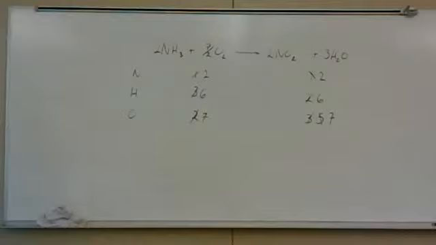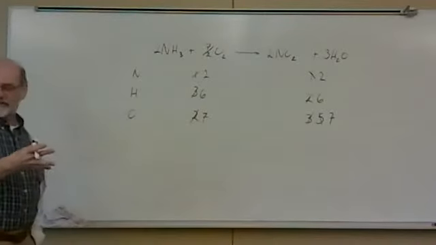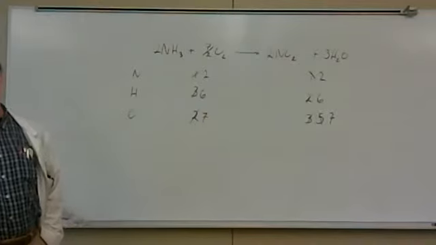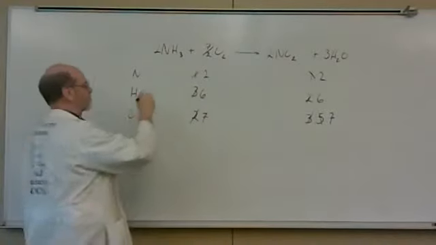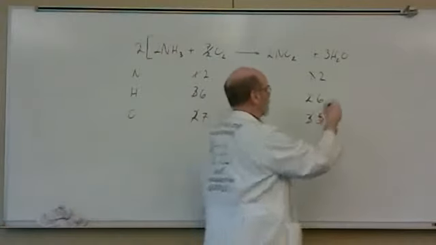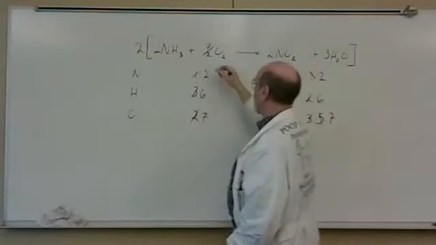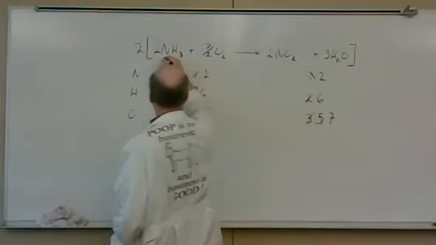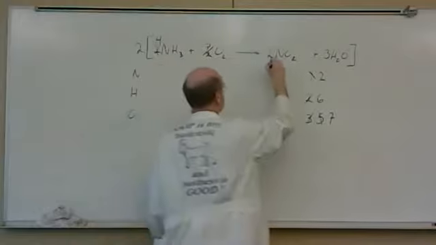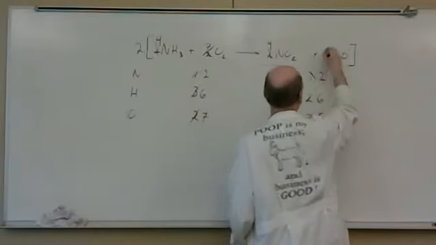So that's 7 oxygens. Technically, we're balanced, but we're not the simplest whole number ratio yet. So how do we get rid of that fraction? Multiply the whole thing through by 2. That cancels the fraction. So that makes this 4, makes this 7, makes this 4, makes this 6.